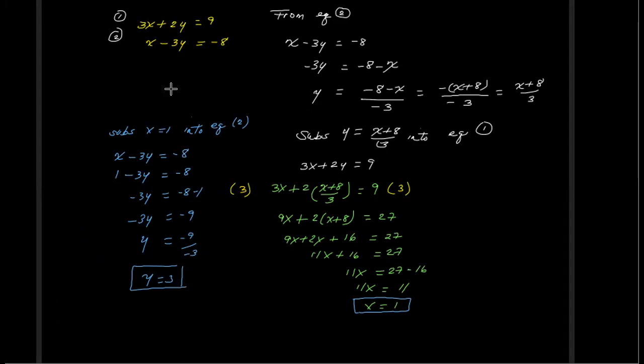Let's say we had 5x plus 4y is equal to 10.5, and 4x plus 3y is equal to 8. So this is equation 1 and equation 2.